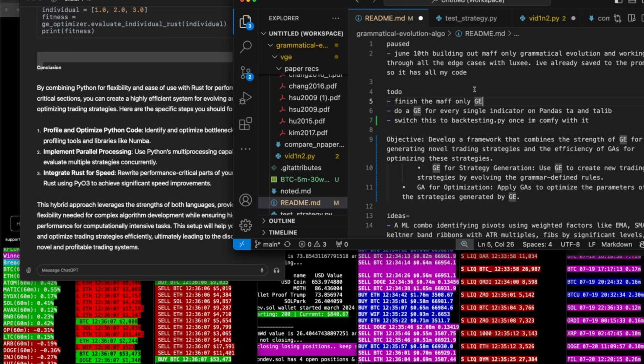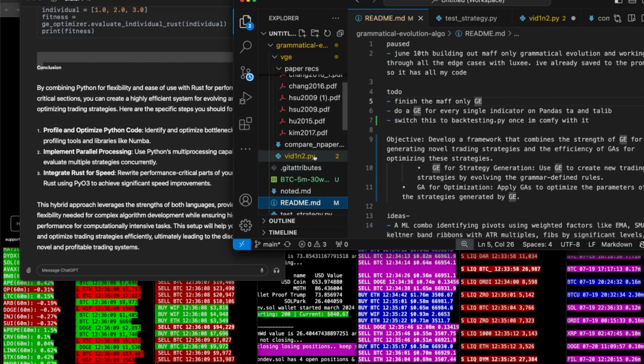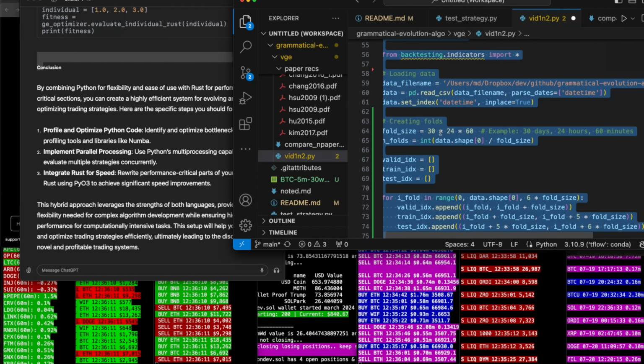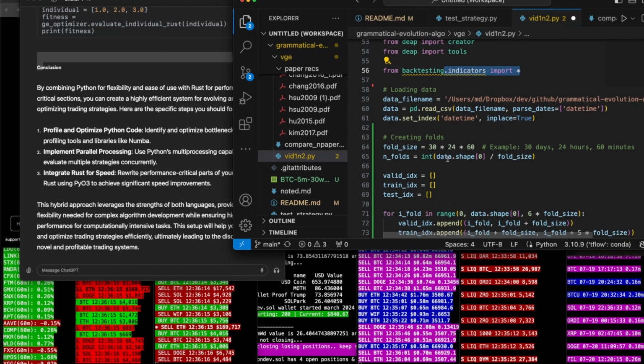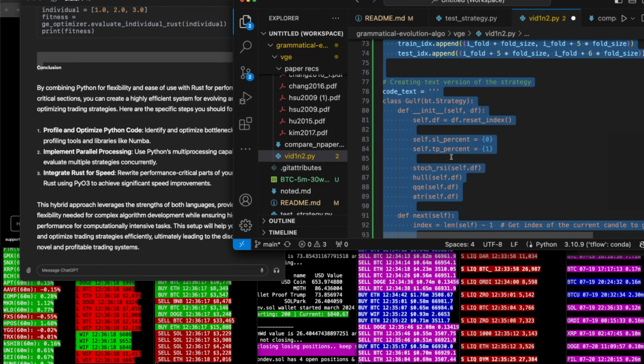So what I want to do now is take this and update it. I don't have access to this backtesting.indicators, so I want to remove it first off.